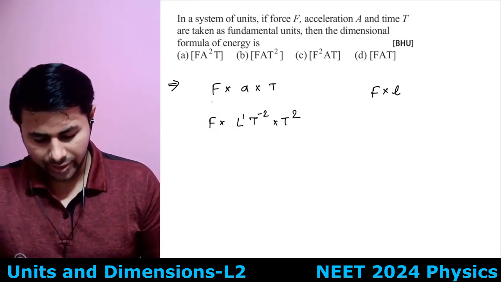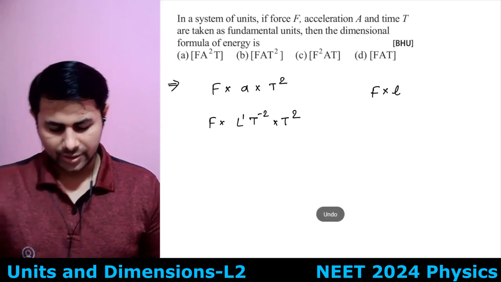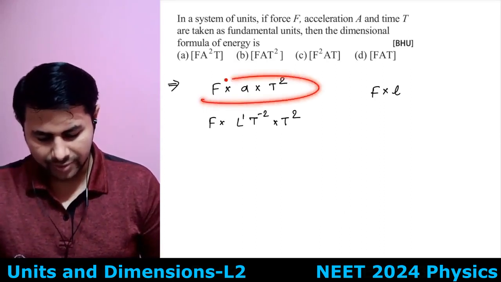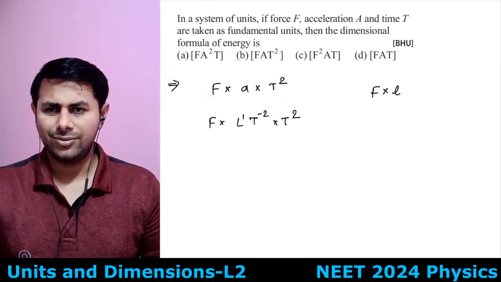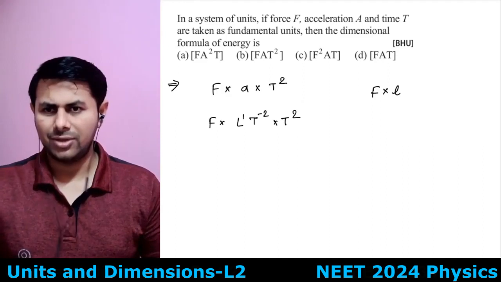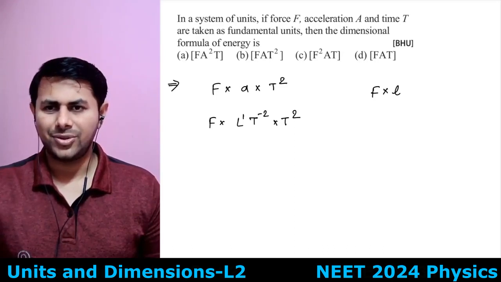So if we have F, A and t squared, then the dimensions of that will be equal to the dimensions of energy. Yes or no?